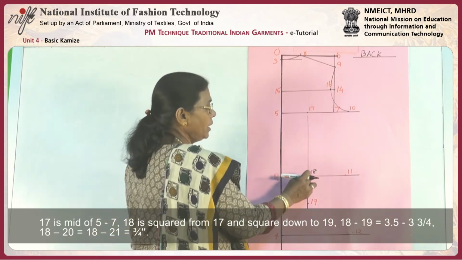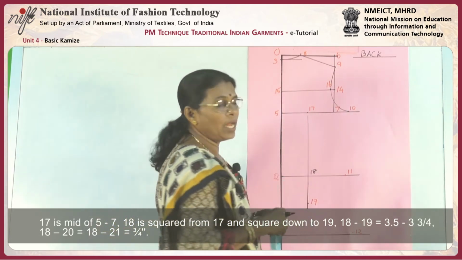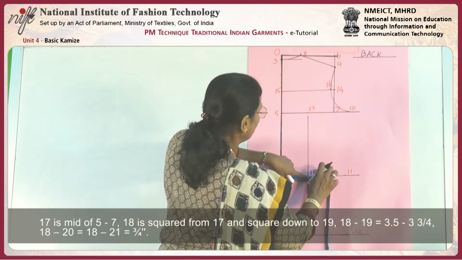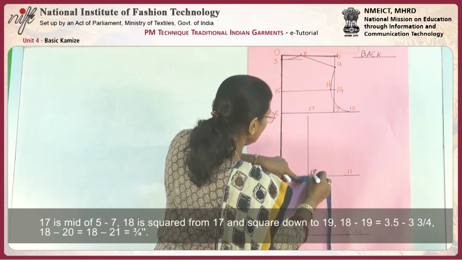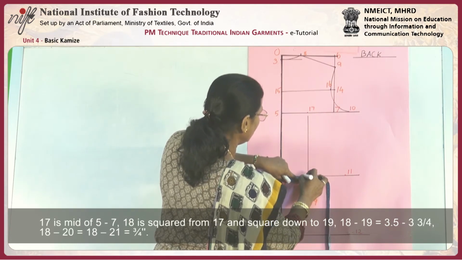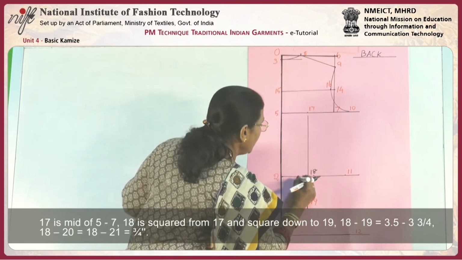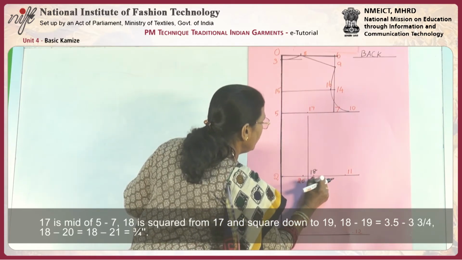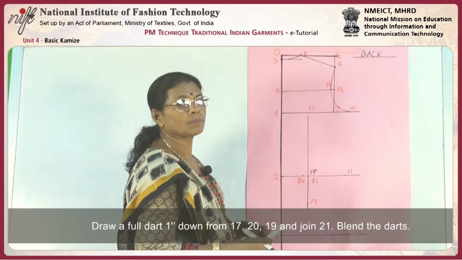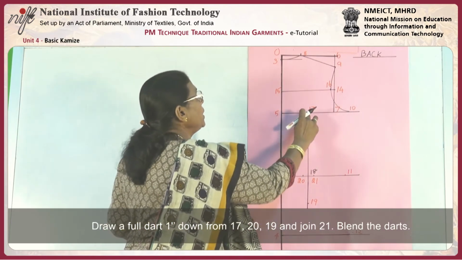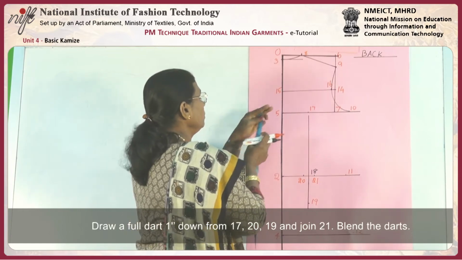And the dart intake should be 1.5 inches. Mark both the sides 3/4 inch and 3/4 inch, and mark 20, 21. The dart should start 1 inch below from 17.